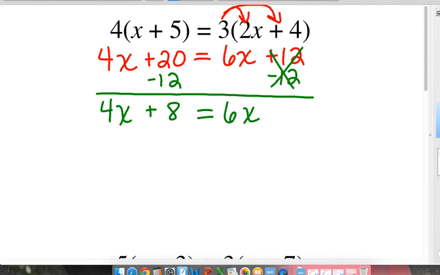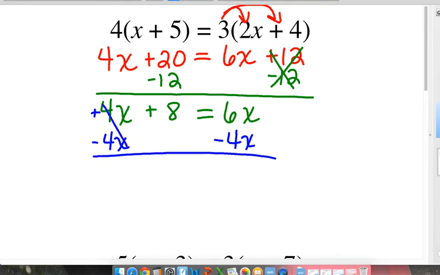The 6x cannot move, right? Because he has to stay over there, because if you move that 6x, then you're leaving one side of the equation empty, and at this point, that's not allowed. So we're going to move that whole 4x term. Right now, it's plus 4x, so we're going to subtract 4x. Does this sound familiar? Do you remember doing this? We have. We've done this before.